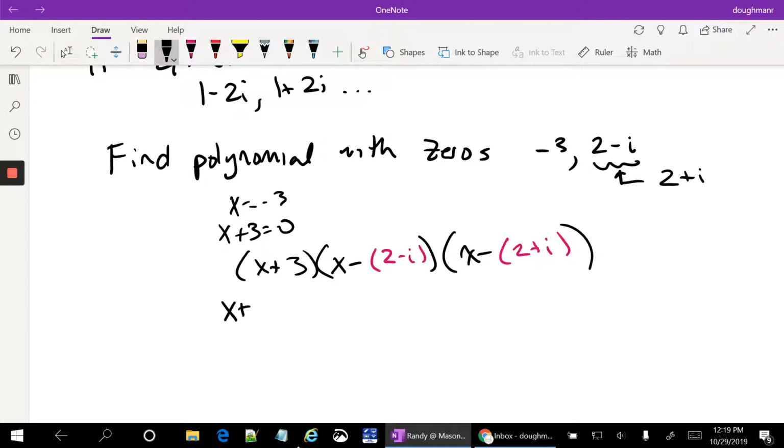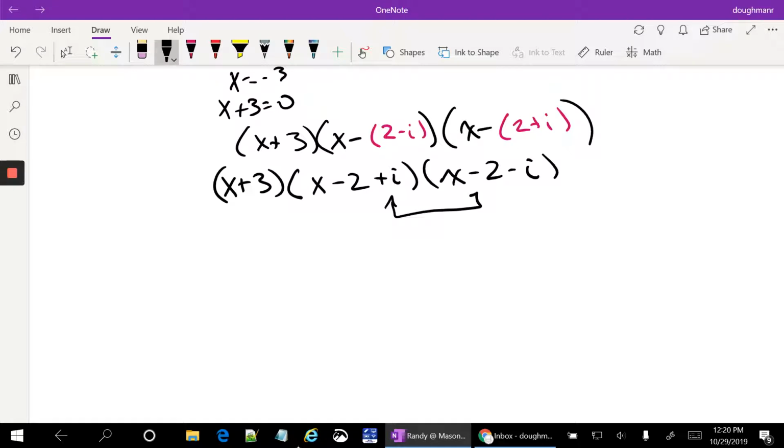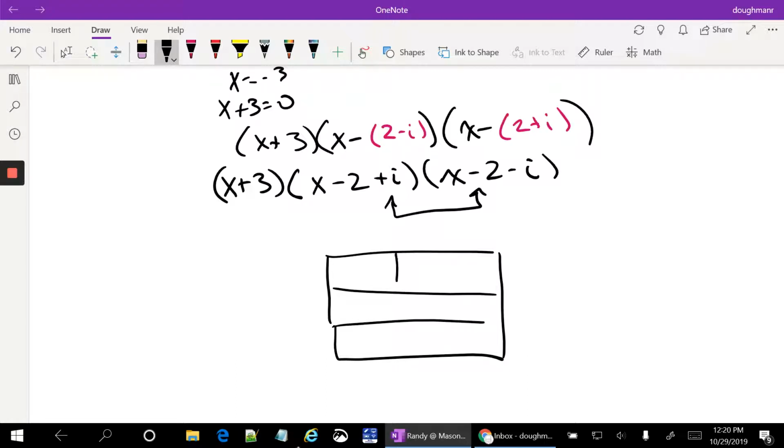So I know that x plus 3 is a factor, and x minus 2 plus i and x minus 2 minus i are factors. So let's multiply these two together first. I like to do the 3 by 3 box here.